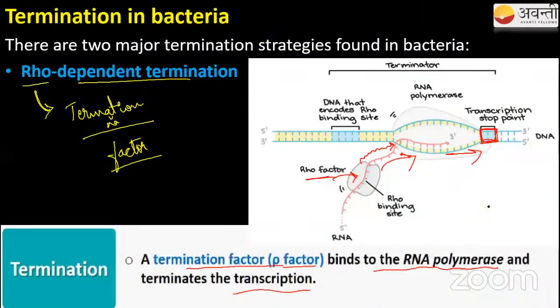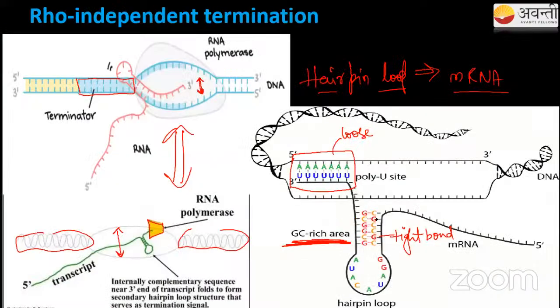Now I have told you that termination in bacteria is of two types. One is by the Rho factor, and the other does not require the Rho factor. What it will do is form a hairpin loop-like structure. What is a hairpin loop? See here, it is rich in GC. A strand is synthesized by the RNA polymerase enzyme, and at the end, where there is more GC richness, it forms bonding and a loop-like structure.